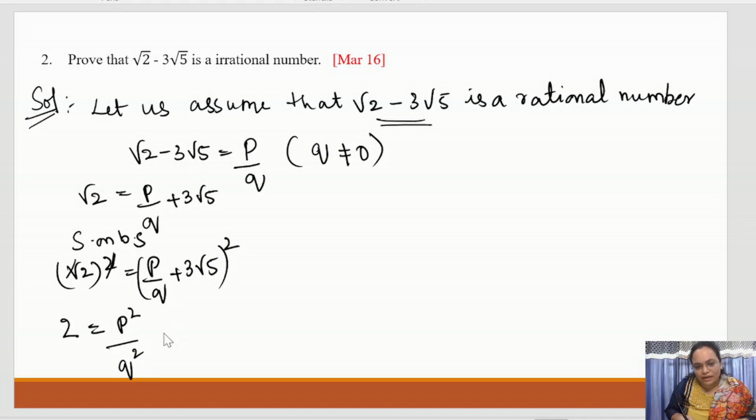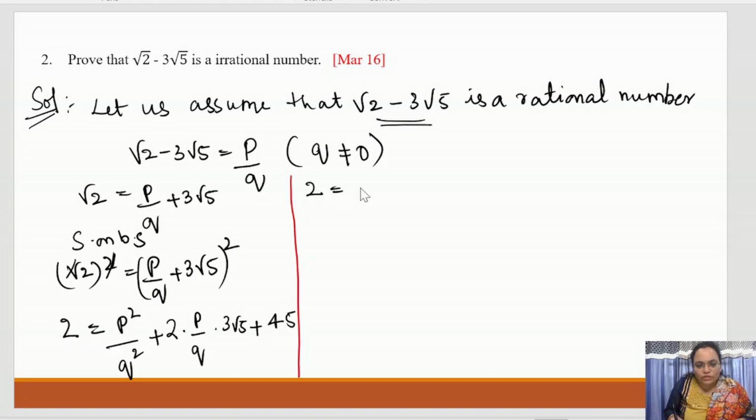So p square by q square plus 2 into a, which is p by q, into 3 root 5, which is b. Plus b square. B square is 3 square into root 5 square, 9 into 5 is 45.